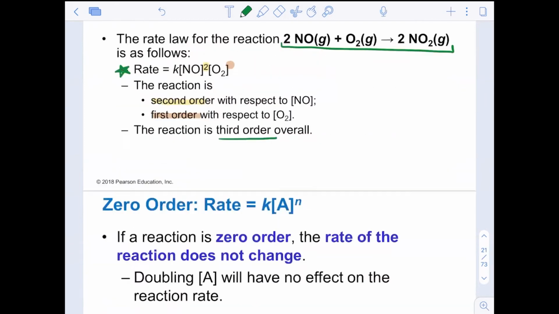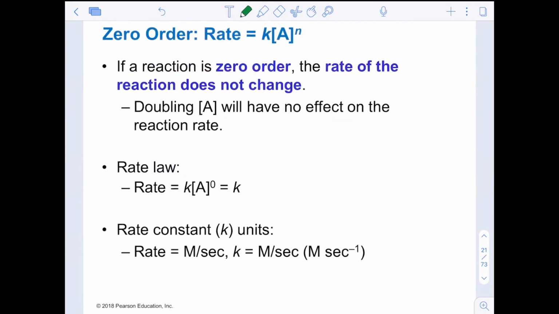All right. You can have a zero order reaction. If a reaction is zero order, that means that the rate of the reaction does not change when the reactant concentration is affected. Things like doubling the concentration of a reactant that is zero order will have no effect on the overall reaction rate.